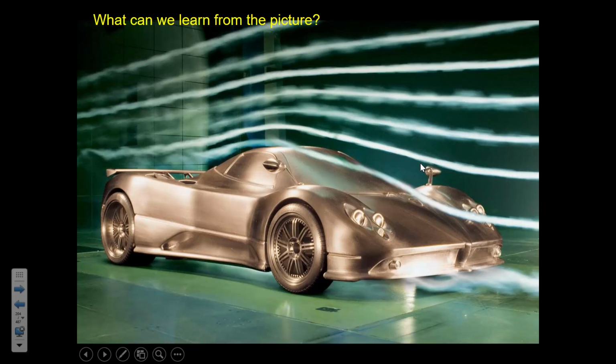spoil the lift that generally occurs as the wind goes over a car, because the Bernoulli principle, which you probably have heard in other contexts before, is that a gas that travels over the top of a wing is going to have a higher velocity than the gas that goes under a wing, and that higher velocity corresponds to a lower pressure.